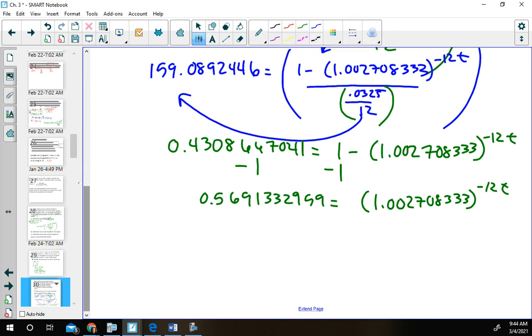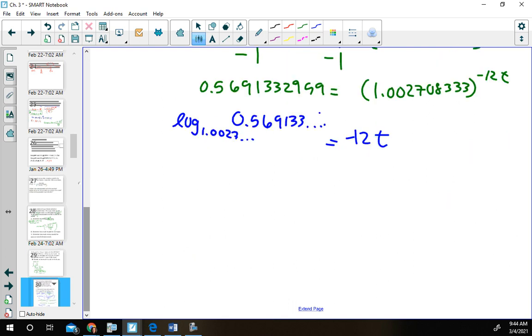So log of the same base, so log base 1.0027, you can fill it in here. I do my flip, so my next big number, or the argument, is 0.569133, and it's equal to the exponent. Okay, so I would type this in my calculator first.